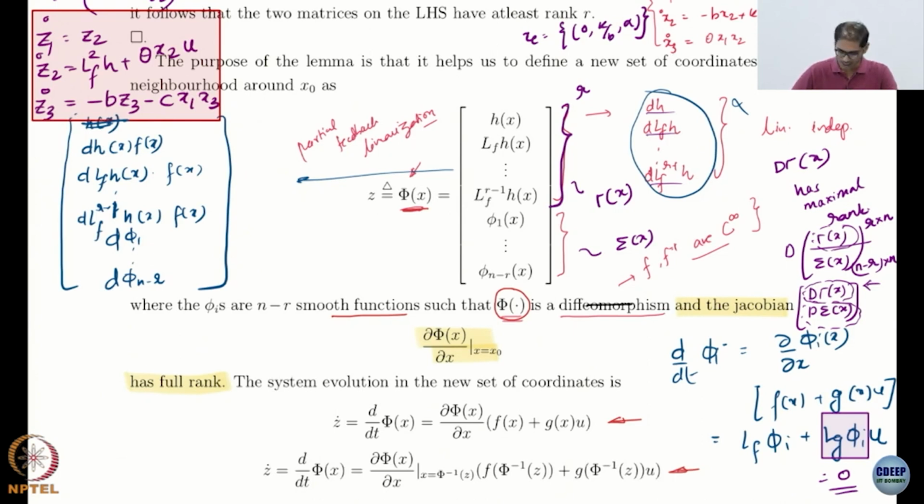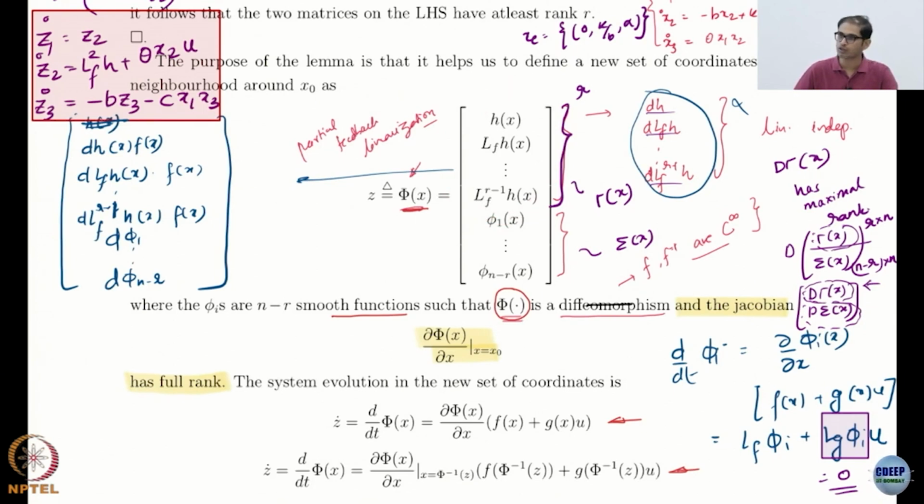Because you can see that phi is n dimensional, x is also n dimensional. So when I take the Jacobian, it's an n by n matrix. So full rank means it's an invertible matrix. So del phi del x, or d phi, however you want to write it, is supposed to be an invertible matrix. Now in order to help with that, we already know that the Jacobian of this has maximal rank, sorry, not invertible in this case. Why?